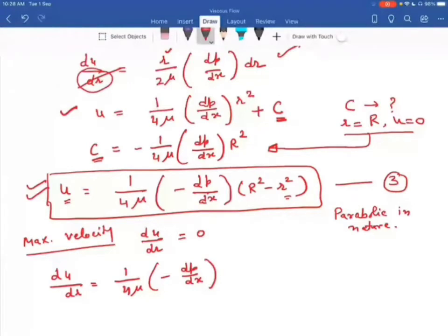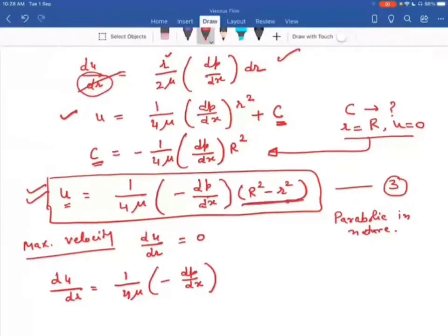I have to differentiate only this term. Small r is a variable, capital R is constant, so the differentiation of the constant term is 0. For r square, I can write it as minus 2r. So I differentiate equation 3 with respect to r, and I have this relation now.